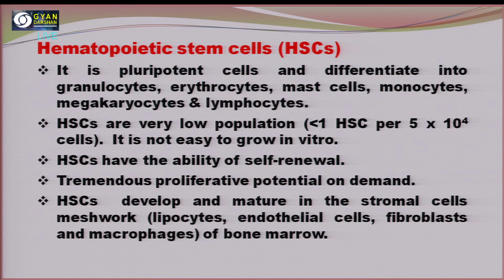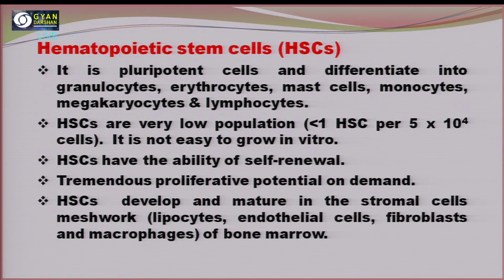The hematopoietic stem cell is a pluripotent cell, meaning it is able to differentiate into granulocytes, erythrocytes, mast cells, monocytes, megakaryocytes and lymphocytes. These are the various types of cells generated with the help of the hematopoietic stem cell, which is a pluripotent cell.